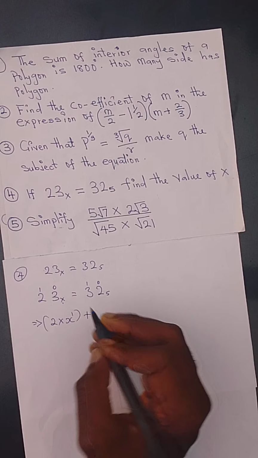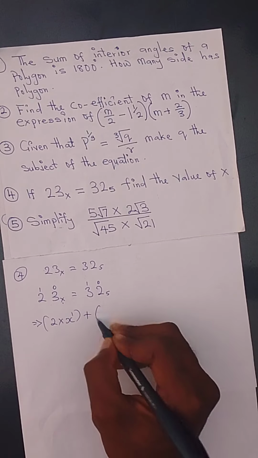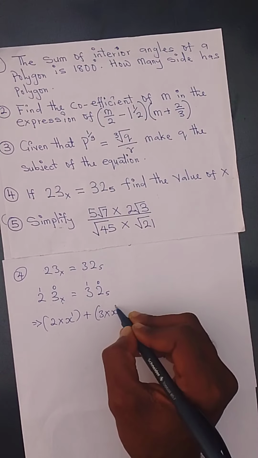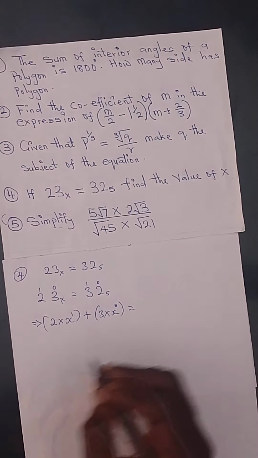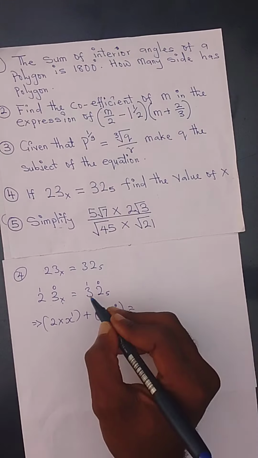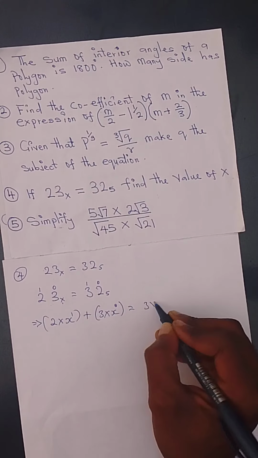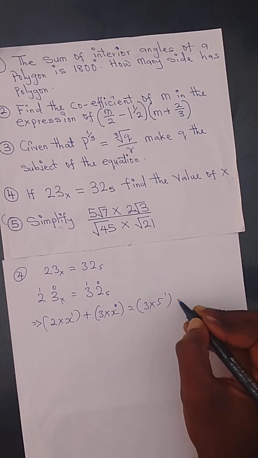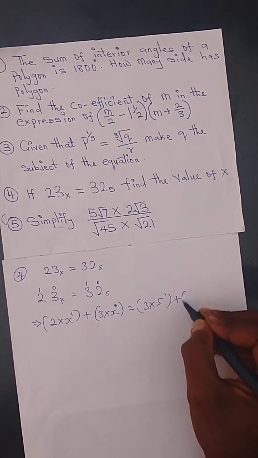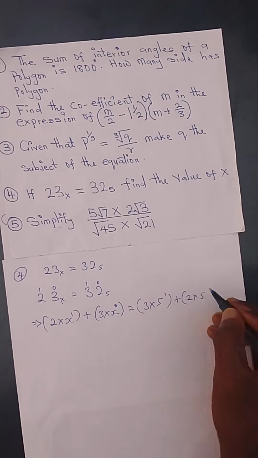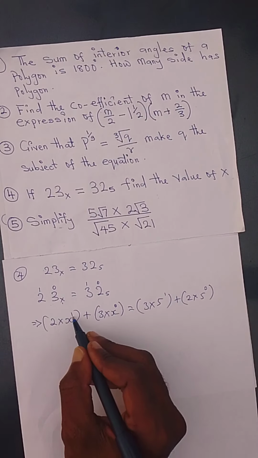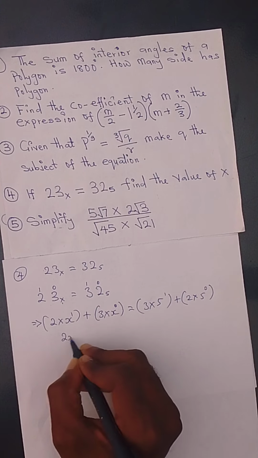Okay, plus now 3 times the base, which is x, raised to power 0. Then that will be equal to 3 times base 5 raised to power 1, plus 2 times 5 raised to power 0. Now x raised to power 1 is x, so 2 times x gives us 2x.